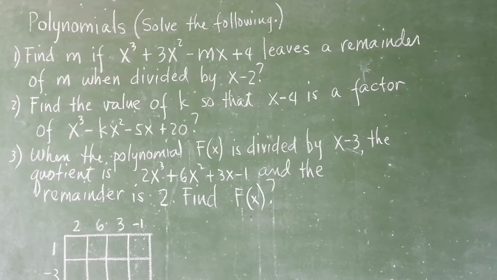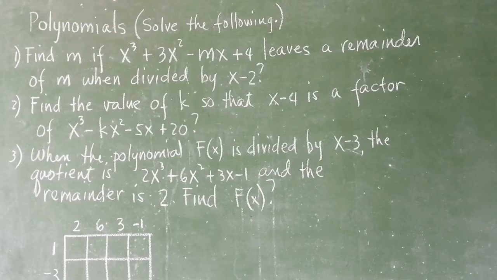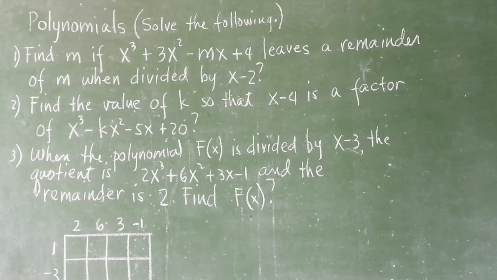And number 3: when the polynomial f of x is divided by x minus 3, the quotient is 2x cubed plus 6x squared plus 3x minus 1, and the remainder is 2. Find f of x. So we are going to show that on the board.